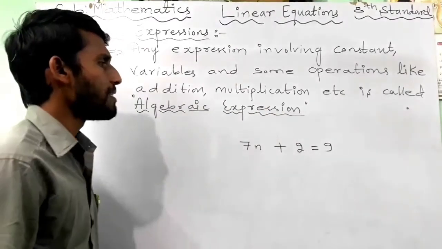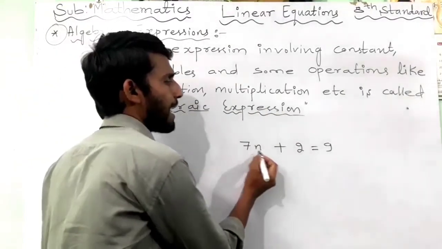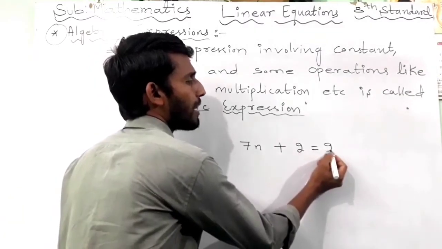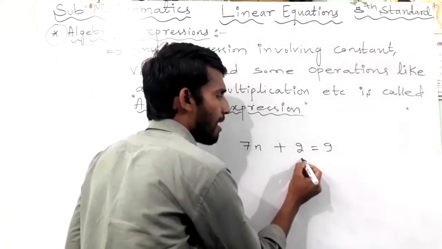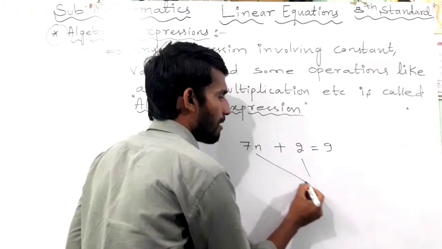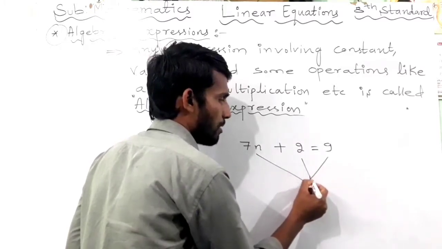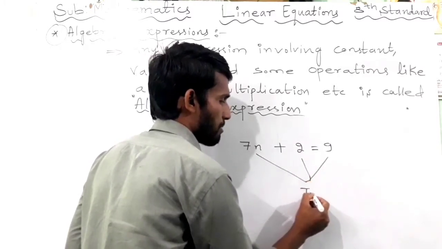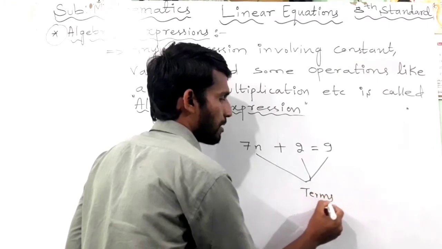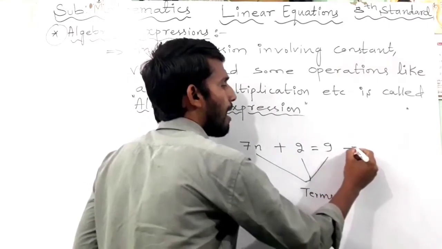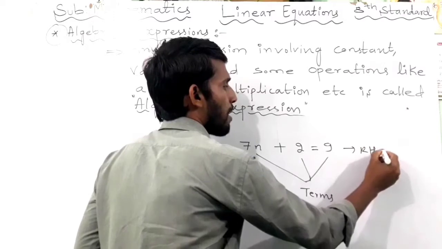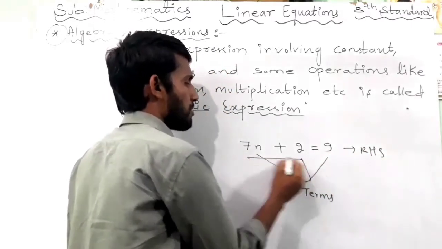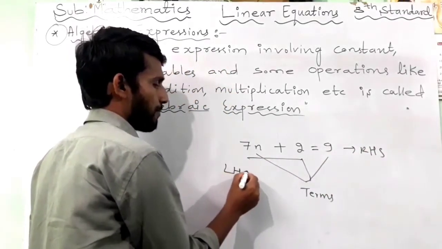For example, see here, 7n plus 2 is equal to 9. These three are terms. This is the RHS side and these two terms are the LHS side.